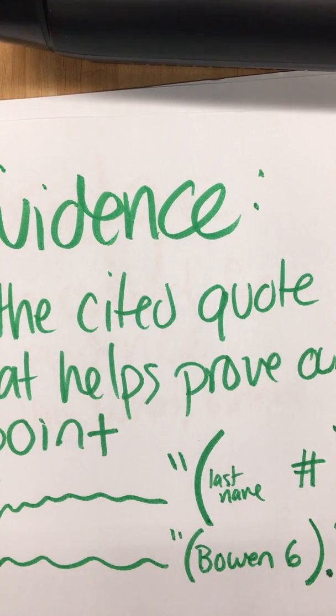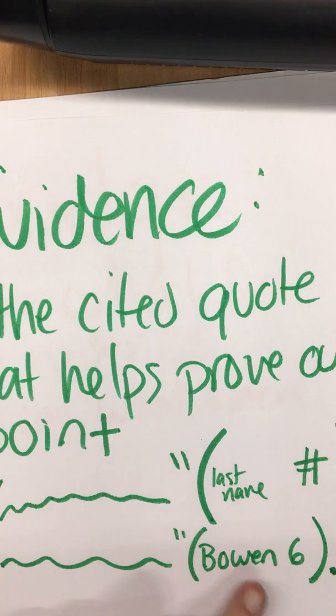So that's what we want our quotes to look like. We want to save this part for after. We do not want that to be our bridge because the bridge is supposed to give us context, and telling me it's on line 127 or on page 6 doesn't give me a lot of context for what that quote really means or who or what is saying it. Okay?